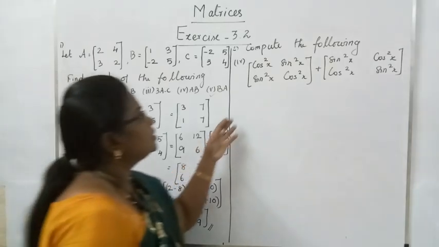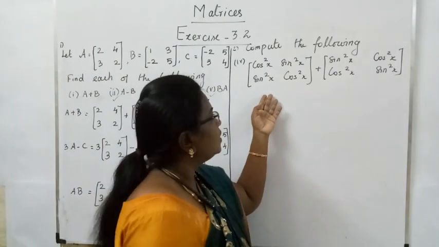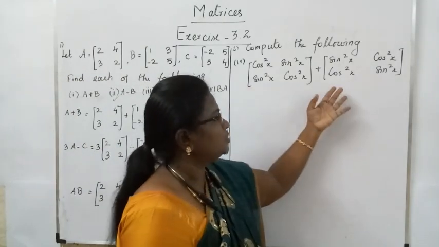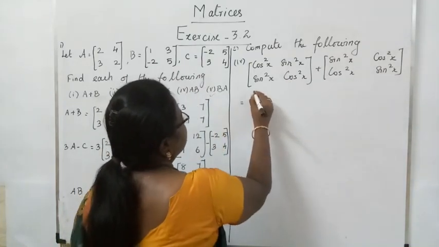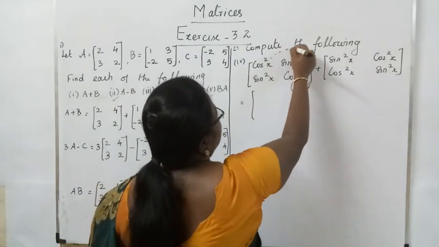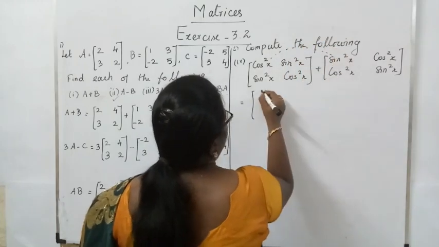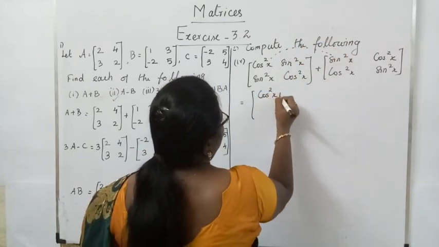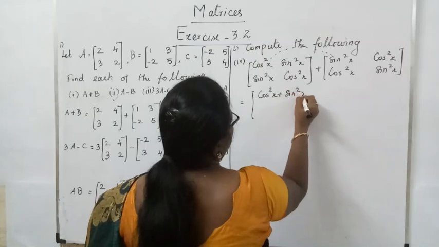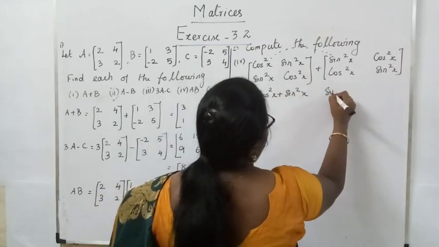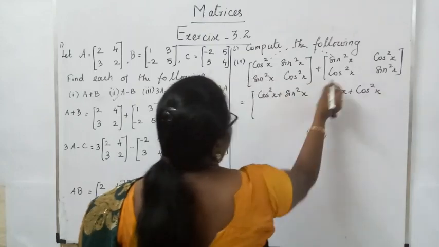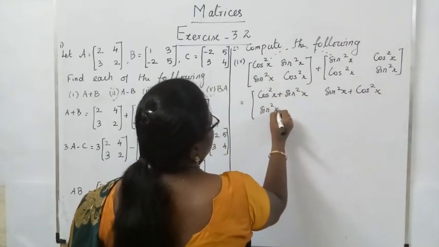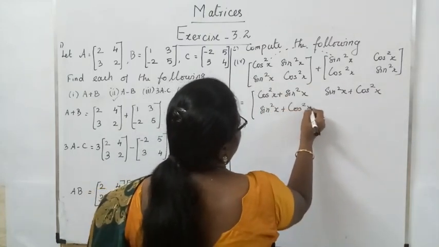Now see this, here also it is the second problem. Here also you have to add these two matrices. The corresponding elements have to be added. This element has to be added with this element. So cos square x plus sin square x. Here sin square x plus cos square x. Here sin square x plus cos square x.